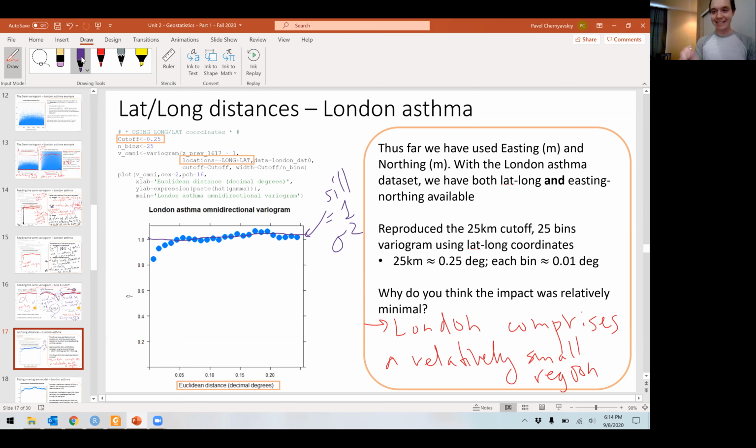Then the distance at which our variogram reaches our sill is the range. And again, the range is the distance at which 2 points become independent on average. So that range is 0.05 decimal degrees.